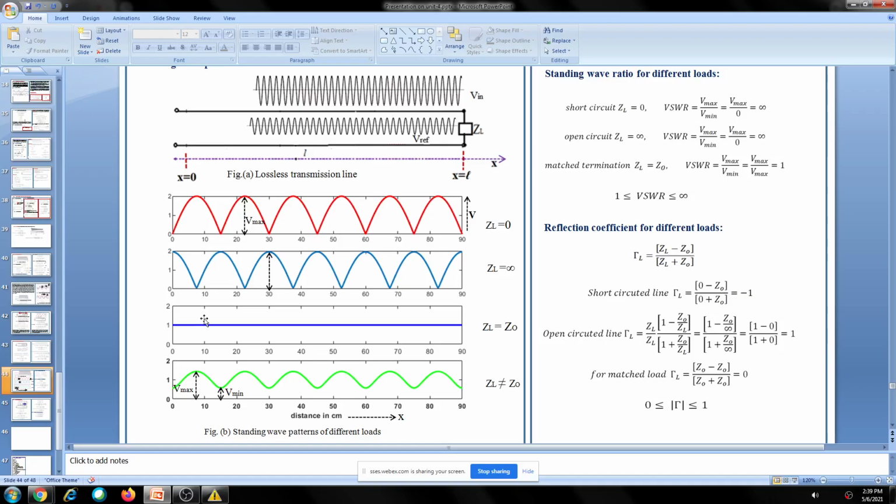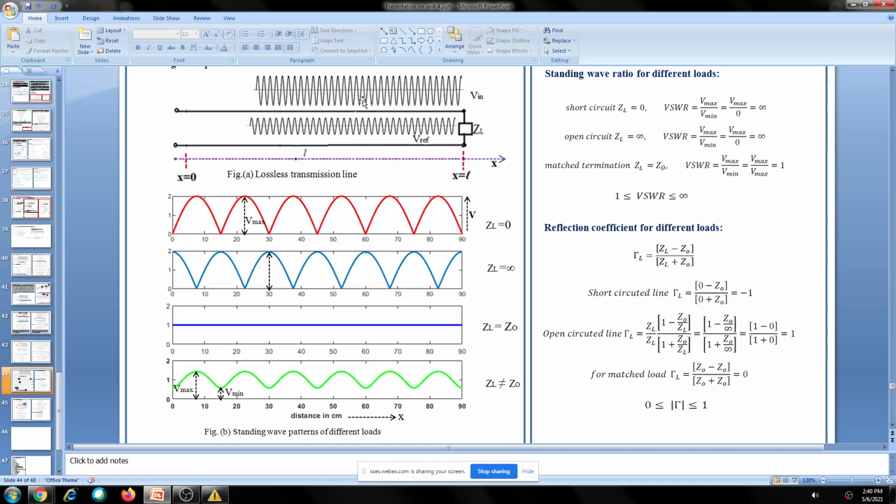Okay. So here you can see different loads. This is for ZL equal to 0, this is for infinity, this is for the characteristic impedance, this is for some other value. Now we will see what the standing wave ratio is for each. If ZL equal to 0, you measure the standing wave ratio over the transmission line.